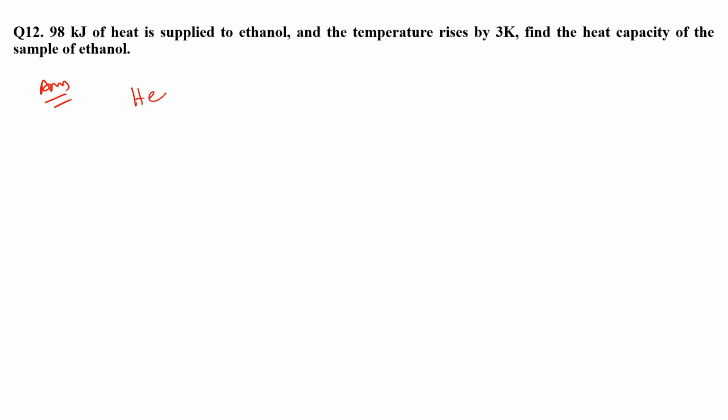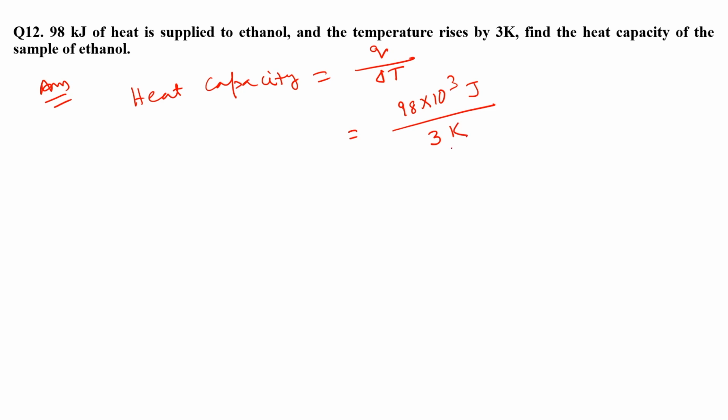Heat capacity is Q, the heat required to raise the temperature by delta T. Heat is given as 98 kilojoules, so 98 times 10 to the 3 in joule unit, and delta T is 3 Kelvin.